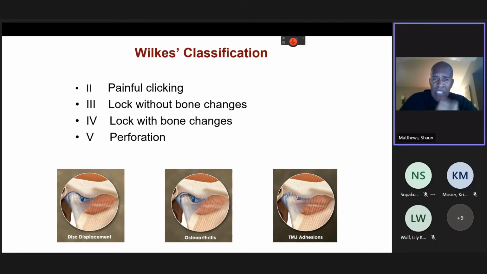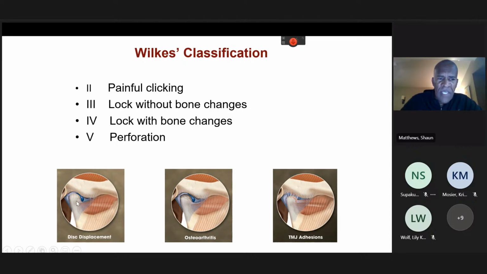Stage 3, as it increases in severity, is shown down here on the bottom left-hand side, is a joint that locks, but does not show any evidence of bony changes on the condylar head. It's locking because that articular disc shown here in blue has slipped anterior to the head of the condyle, so the joint sticks because of the physical obstruction of that condyle in moving forward because of the displaced articular disc.